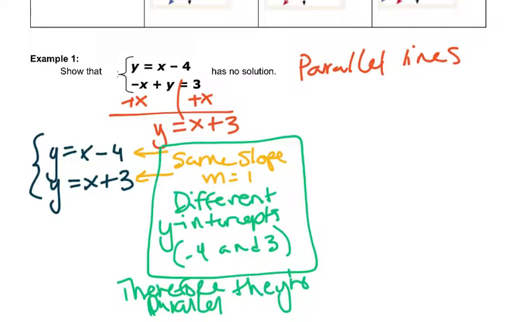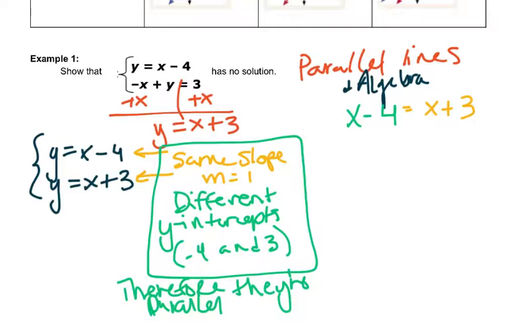Okay, or we could go through and do our algebra, and that means that we would set them equal to each other. So I'm going to take x minus 4 and set that equal to x plus 3.